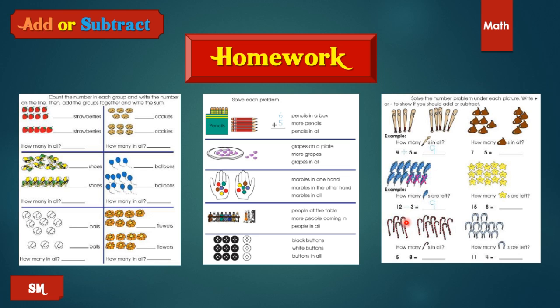Put 3 fingers and count back from 12. Before 12, 11, 10, 9. Excellent. So from 12, I'll count back 3 times. Before 12, 11, 10, 9. So I'll write here 9.